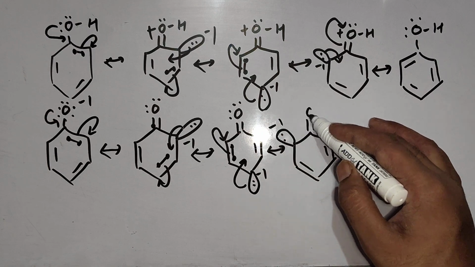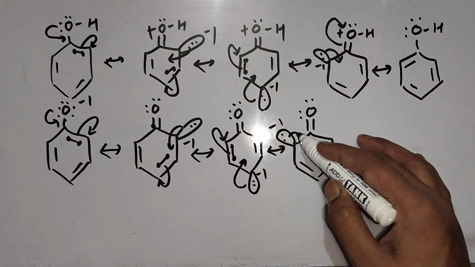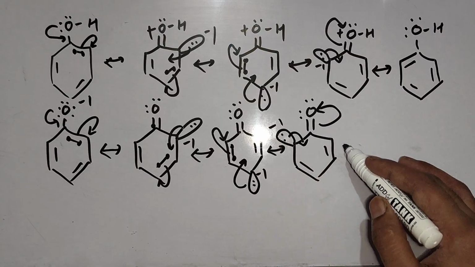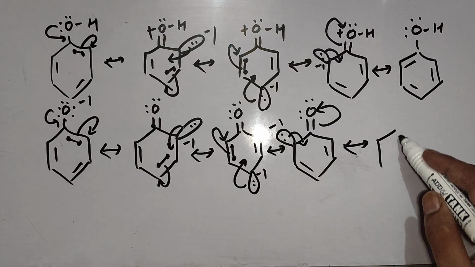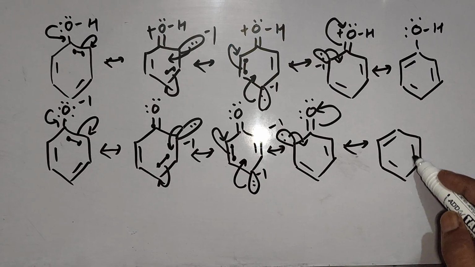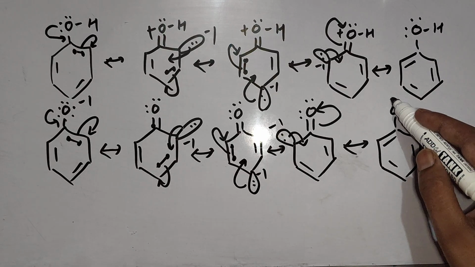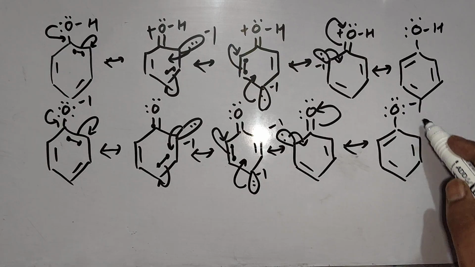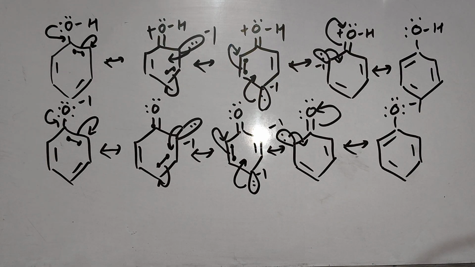In phenoxide ion, you can also check electrons are coming on ortho and para positions. So the benzene ring will have higher electron density on ortho and para positions. This is the complete resonance of phenoxide ion.